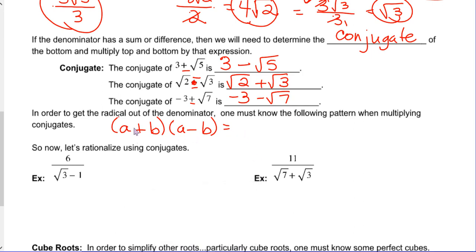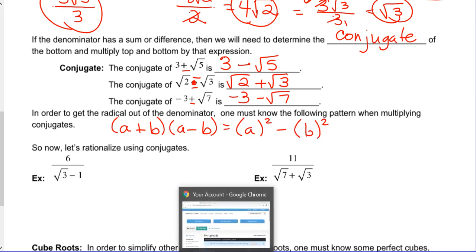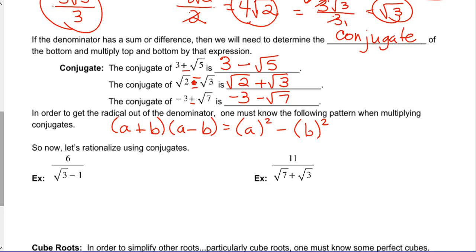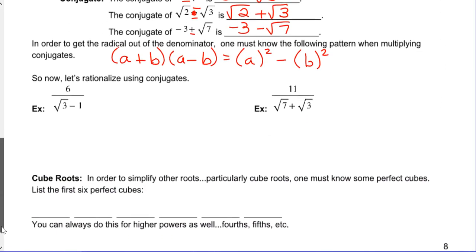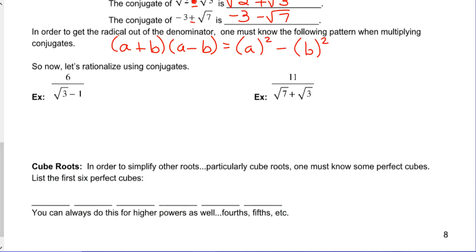This times this, which would be if I were to multiply this times this and this times this, is going to be found by taking the first term, A, and squaring it, and subtracting the second term, B, and squaring it. We'll refer to this later as the difference of squares. Okay, but for now, we're going to use it to rationalize using conjugates.